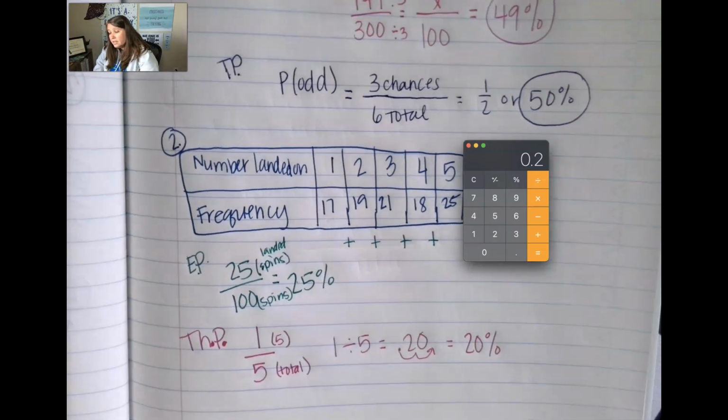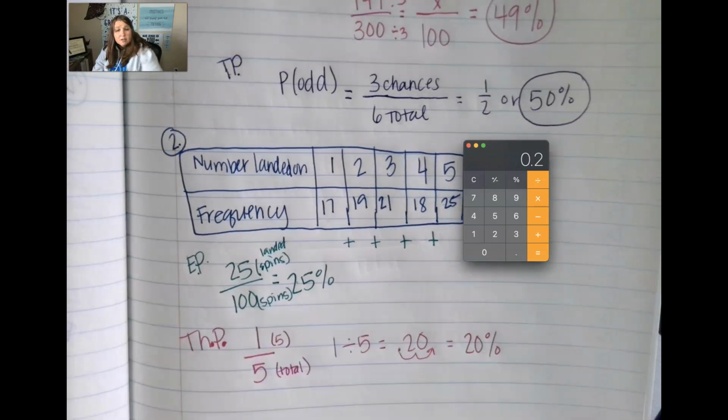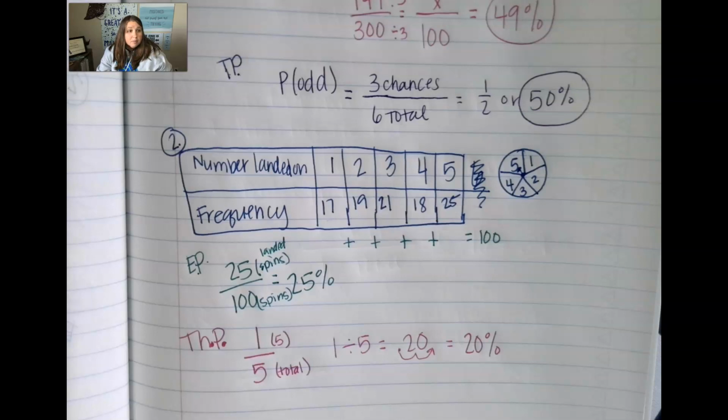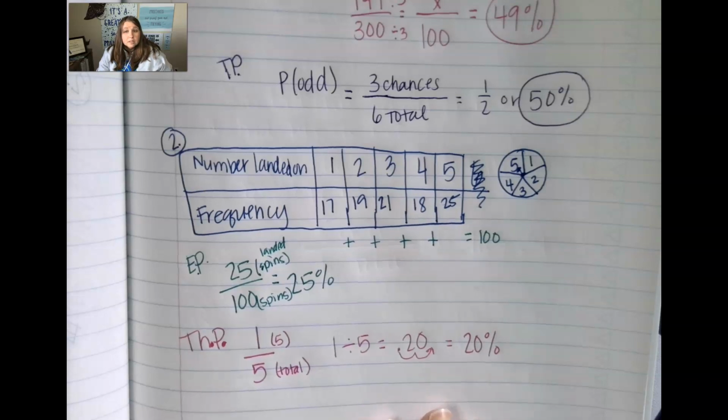So look, the difference here is quite big by 5%. There's a 5% difference in the probability of spinning one or the other. Okay, it is your turn now to do a try it.